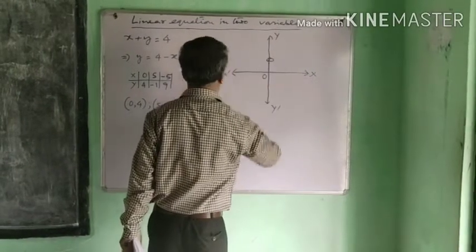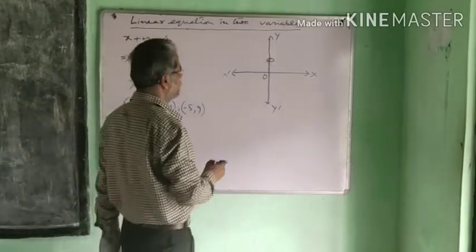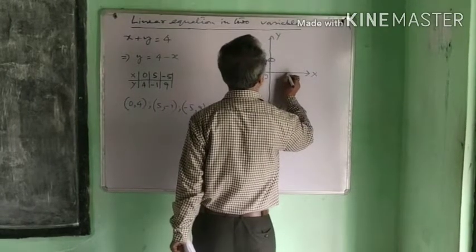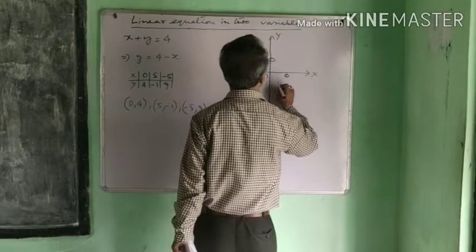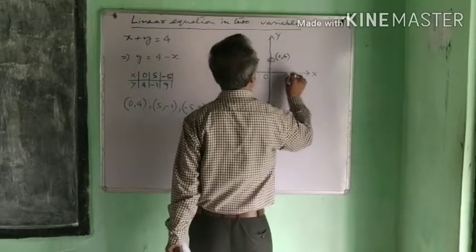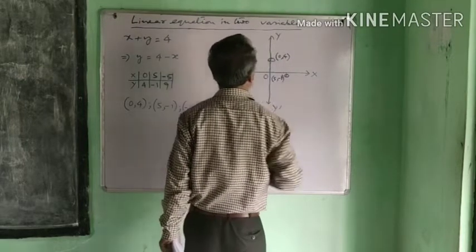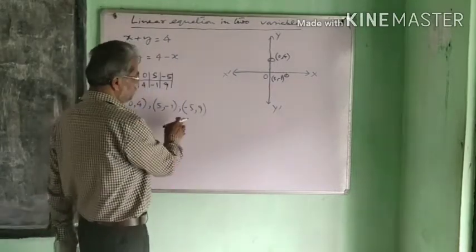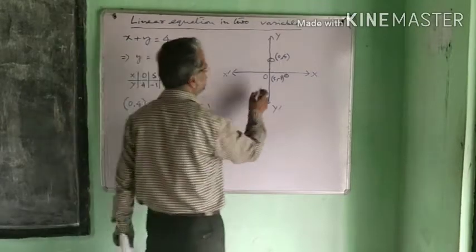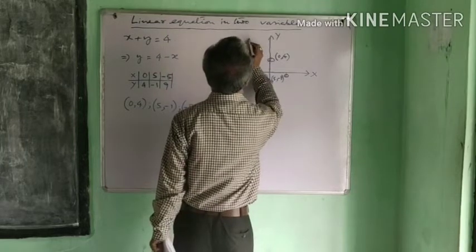So this is 0, 4. 5, minus 1: abscissa is 5, 1, 2, 3, 4, 5, and ordinate is minus 1. So this is this one. It is 0, 4. It is 5, minus 1. And the other coordinate is minus 5, 9. Abscissa is minus 5. Suppose here it is minus 5, and then 9. Suppose here it is 9.